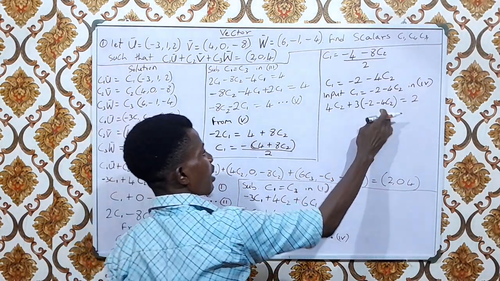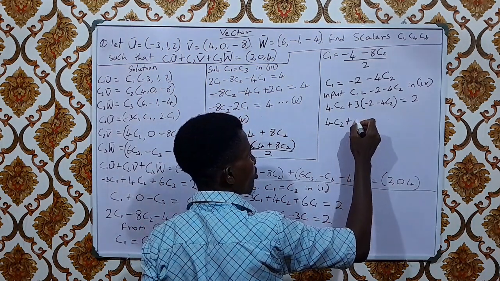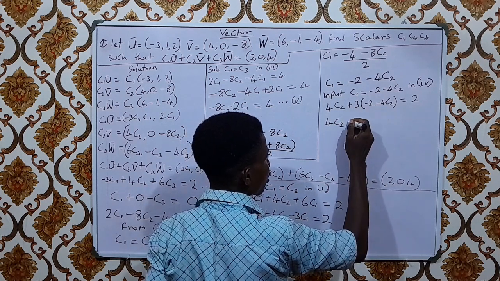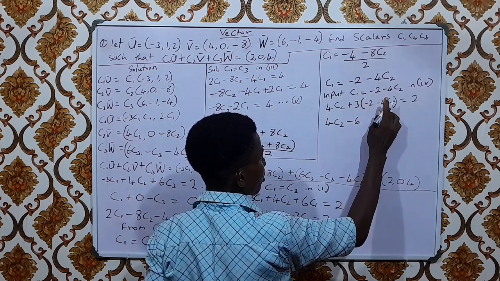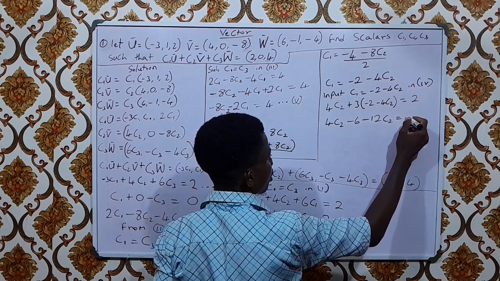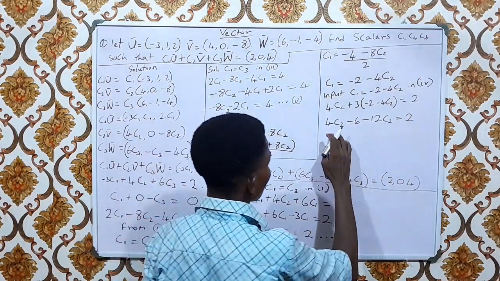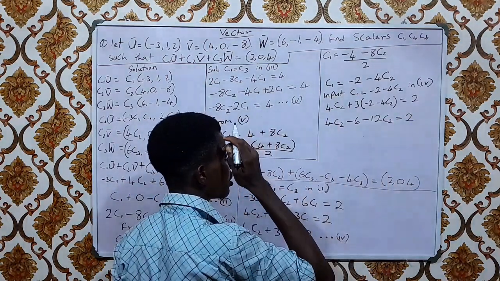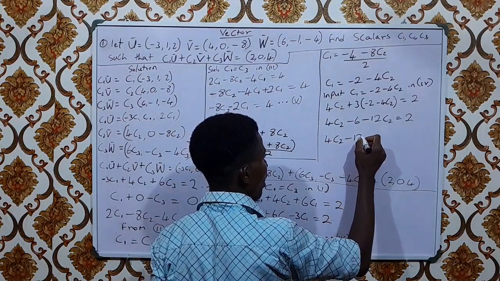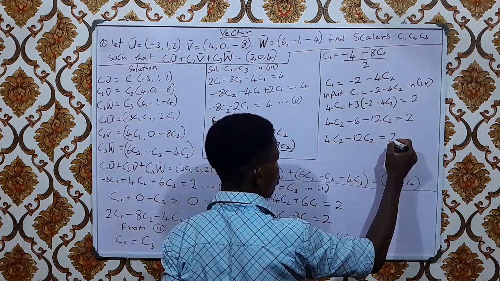We now open this bracket. We have 4C2 plus, okay, it's no longer plus. 3 times minus 2 will now give us -6. 3 times this will now give us -12C2 equals to 2. We collect like terms. If we collect like terms from here, we have that 4C2 minus 12C2 will give us 2.